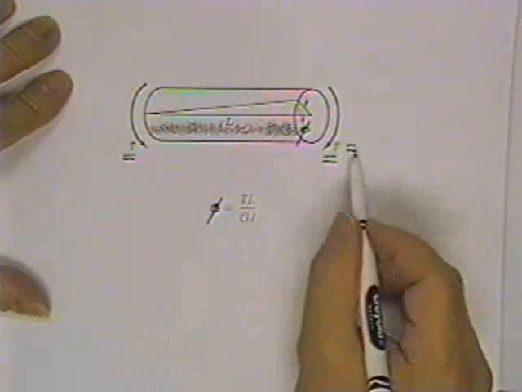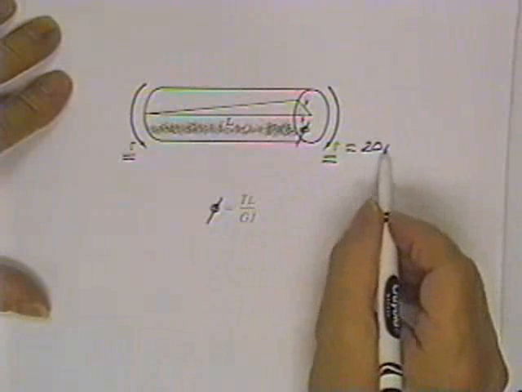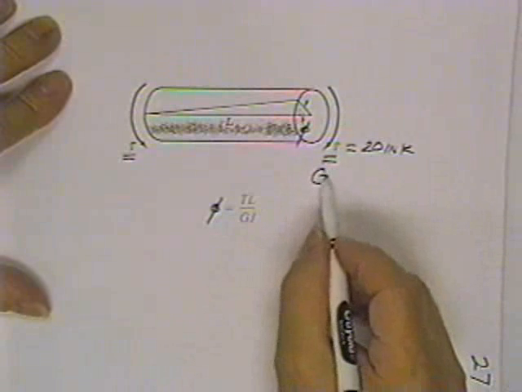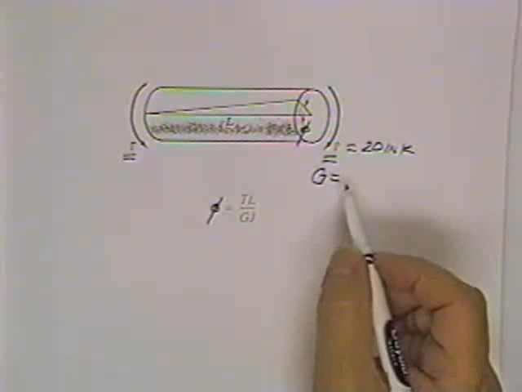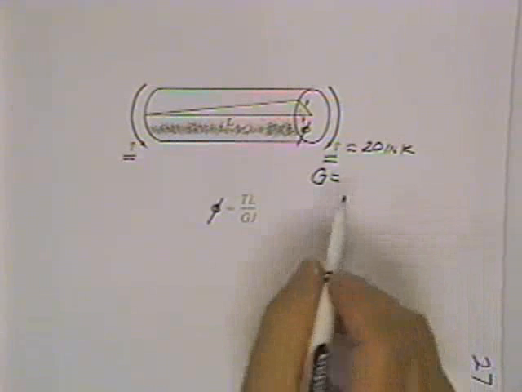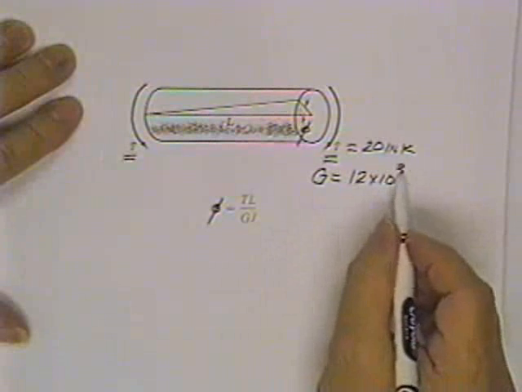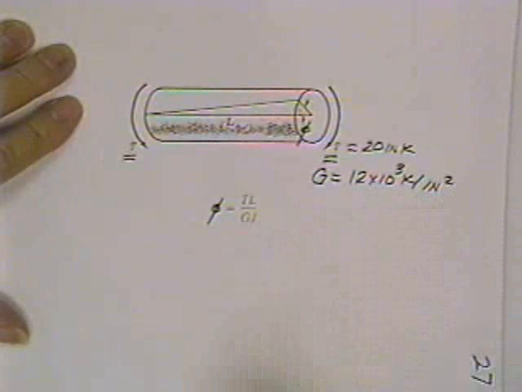So for example, if the torque was 20 inch-kips, if the material was steel, modulus of shear for steel 12 times 10 to the 3rd kips per square inch.